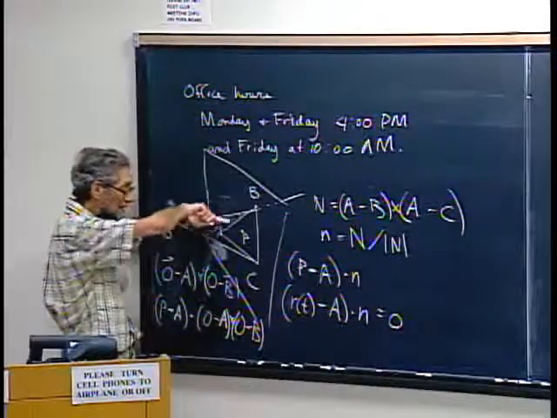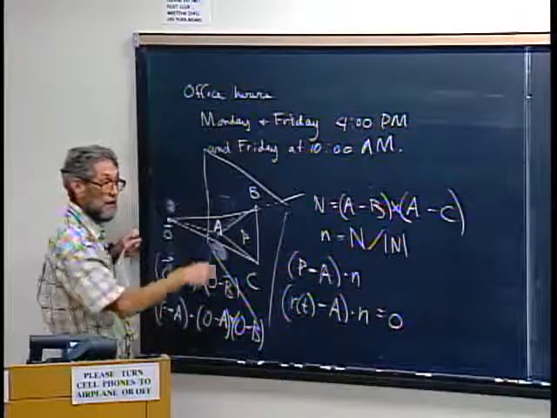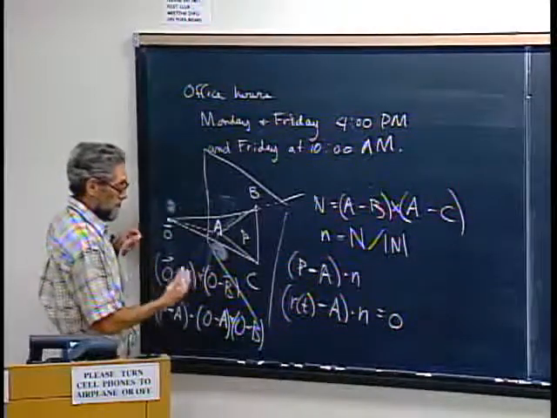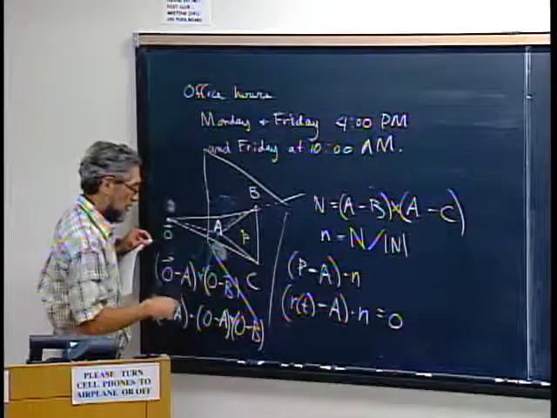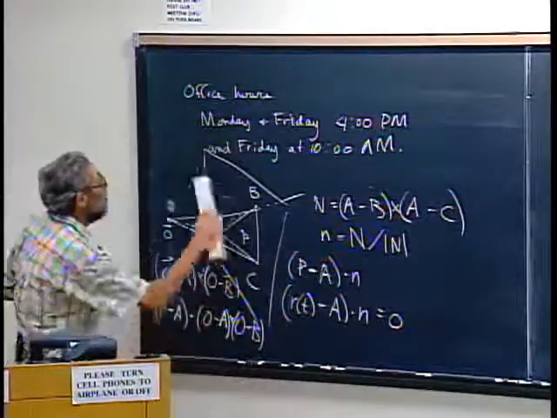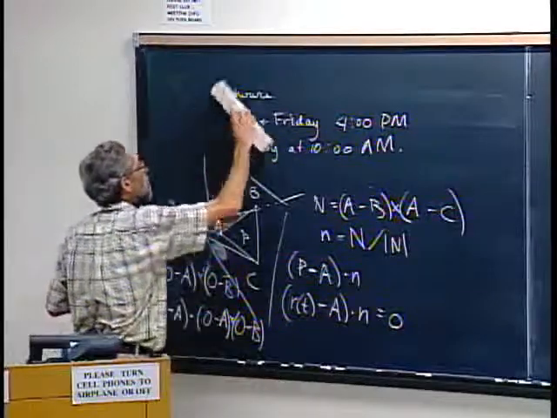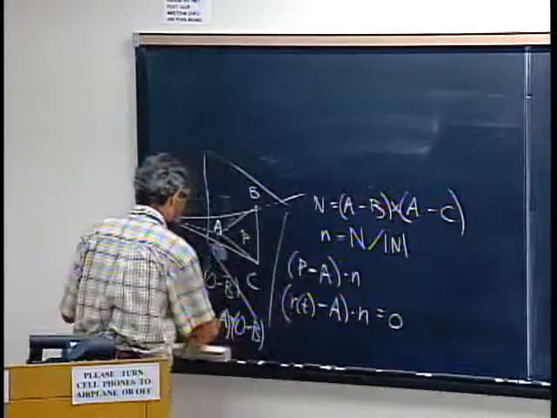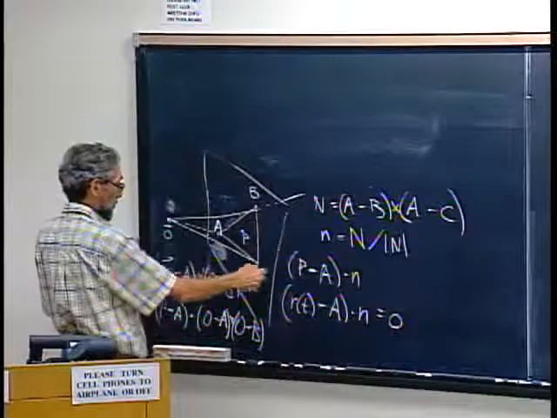At least it's on the correct side of this pyramid face. And then I similarly take, where will I write it? I can get a similar equation for this face here.